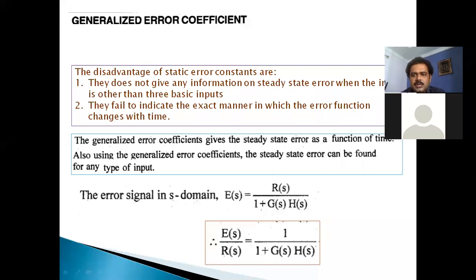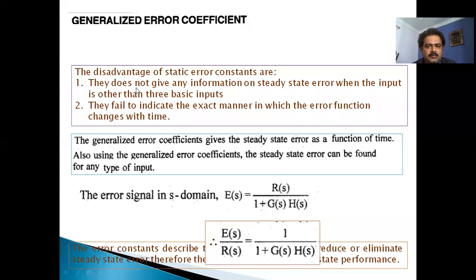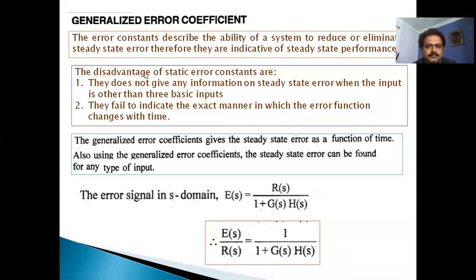So these are the disadvantages. The first disadvantage is that it does not give any information on steady state error when the input is other than the three basic inputs.